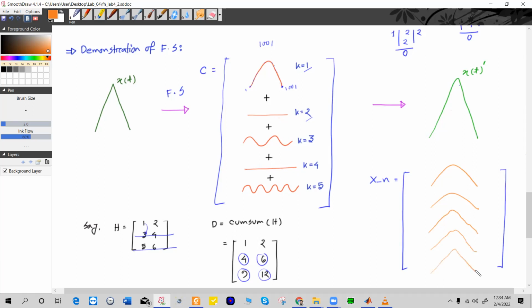So this is for k equal to 1, k equal to 2, k equal to 3, k equal to 4, k equal to 5. Again, you don't need to do this, you can just add all of them and show this, it's also okay. No need of cumulative sum, it was just shown in the lab report, that's what I'm saying.